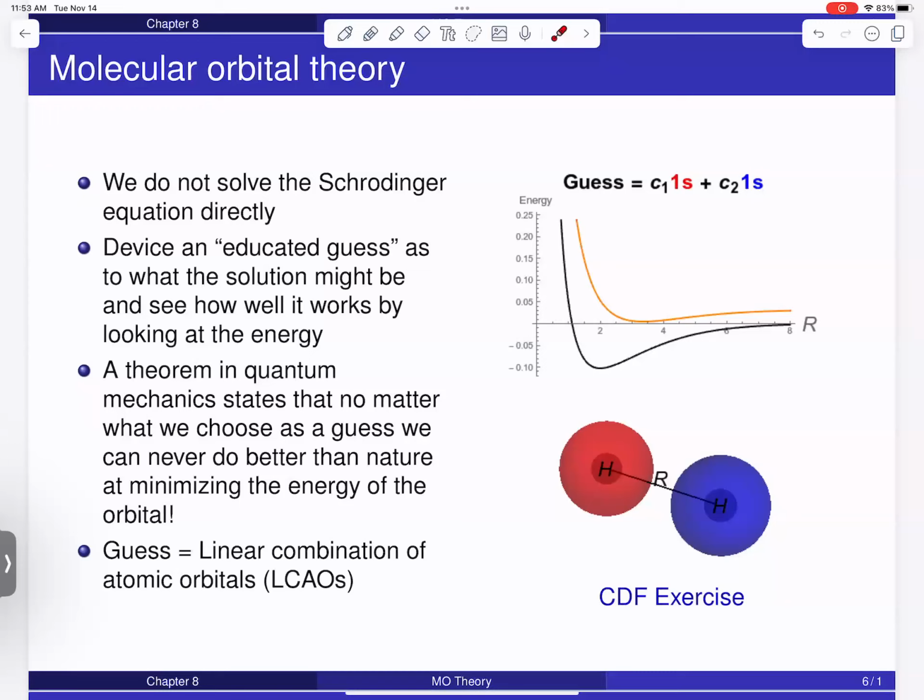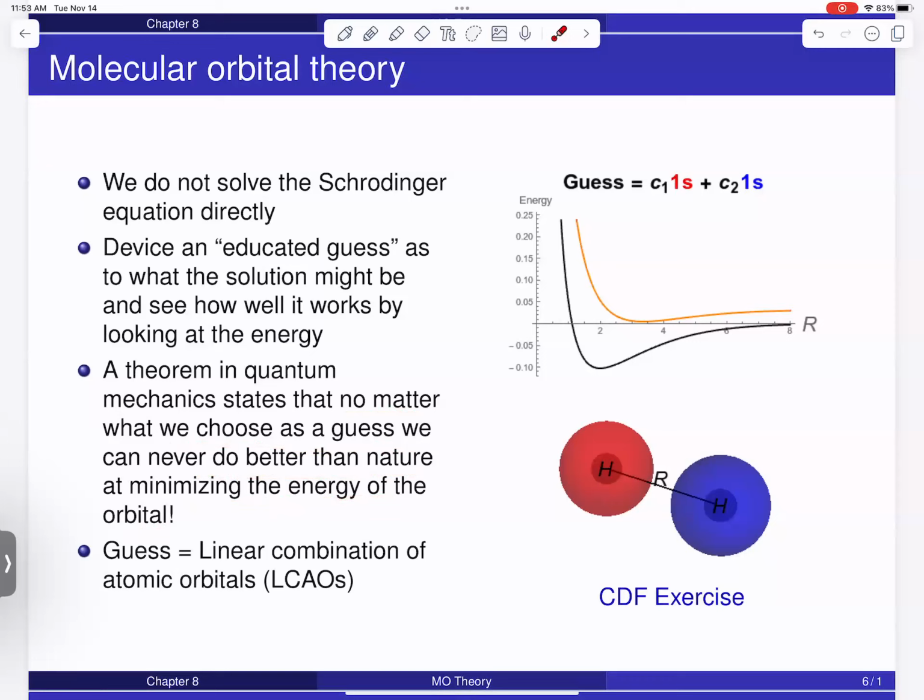So the approach that we're going to be using is all based on a theorem in quantum mechanics that says that no matter what we choose as a guess, we can never do better at minimizing the energy than the true molecular orbital. So we could pick any random guess that satisfies certain boundary conditions, and details aren't as important here.